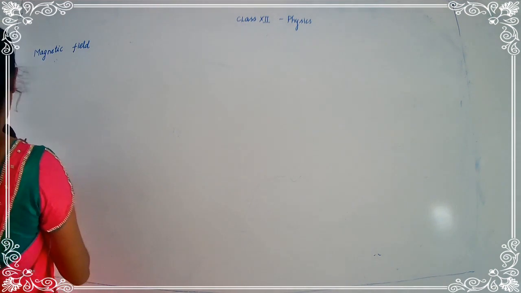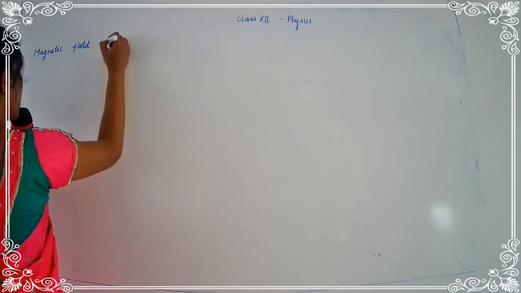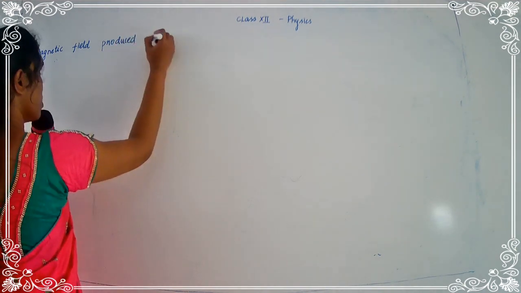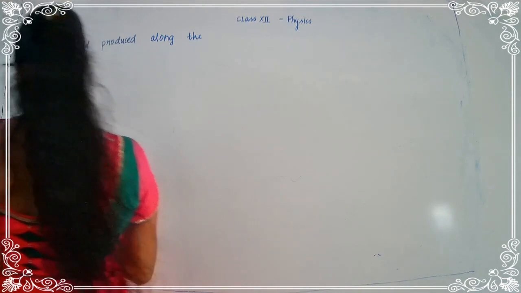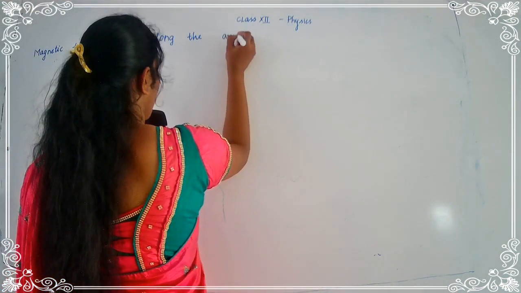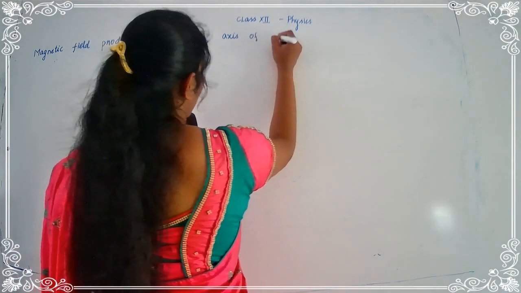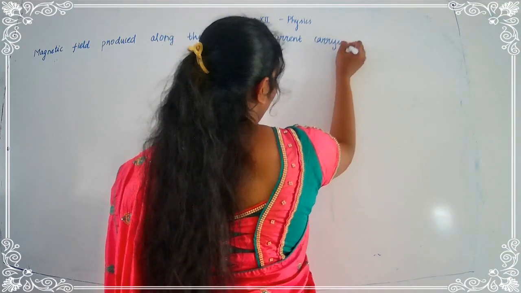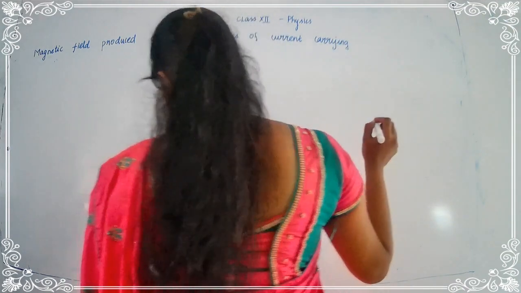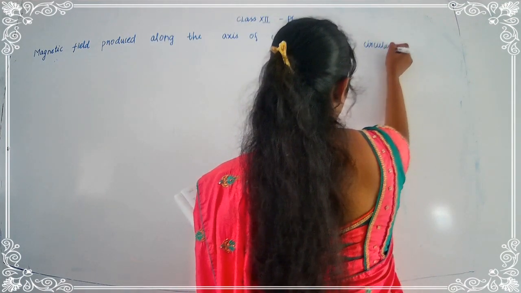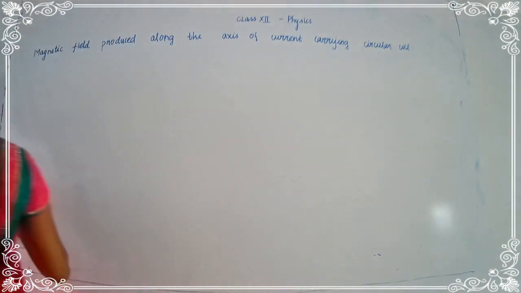Now the next derivation, that is the magnetic field produced along the axis of a current carrying circular coil. Okay, right.